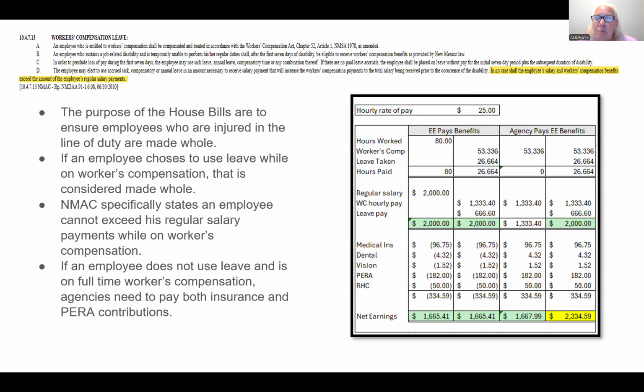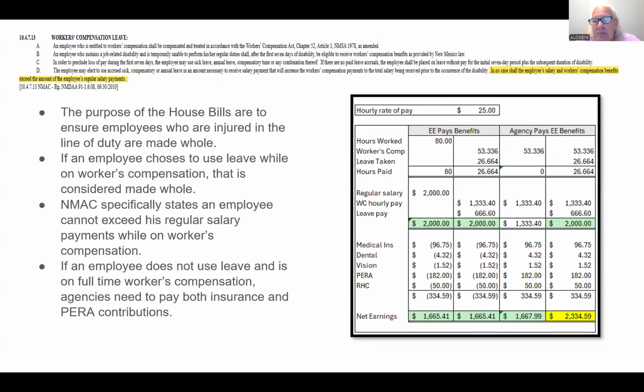So in order to make him whole, the state will pick up 100% of his cost for his insurance, his PERA, and his RHC, which is a total of $334.59, bringing his earnings, his take home, to $1,667.99, which is in line with what his normal earnings would be.